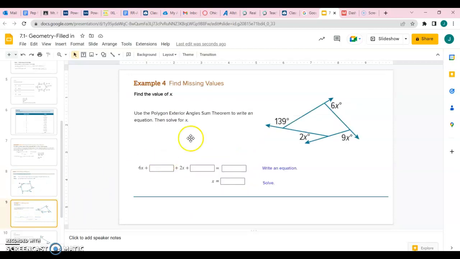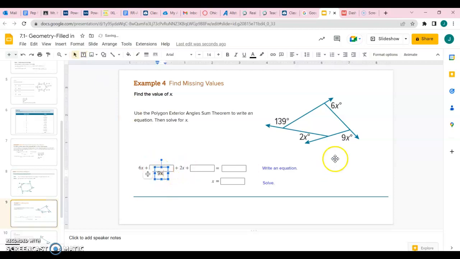So let's try it. I'm going to find the missing values. My goal is to find what x equals. So I'm going to add all the angles: 6x plus 9x plus 2x plus 139 degrees. When I have a shape like this, it always equals 360 degrees.